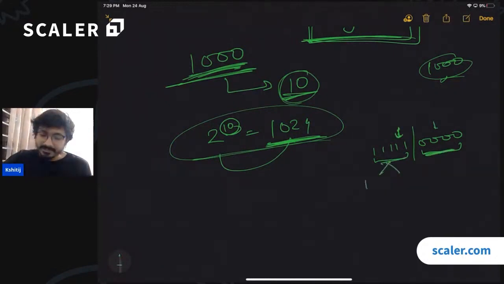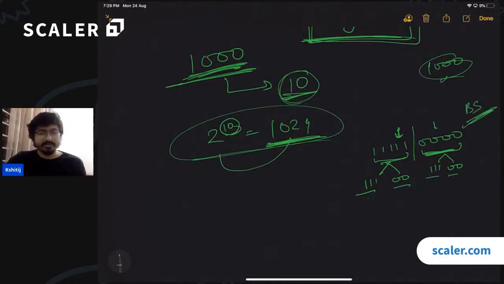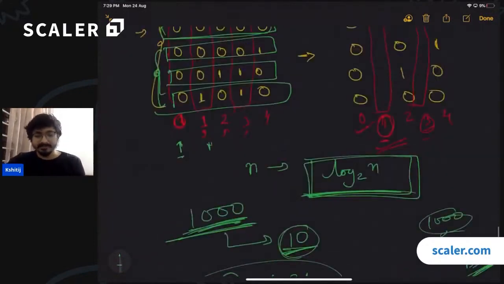Then you can do the exact same thing in the first half, and then in the second half, and again find out how many faulty slaves are there. So that is another approach using binary search. You can try to think about that approach yourself. But is this clear?